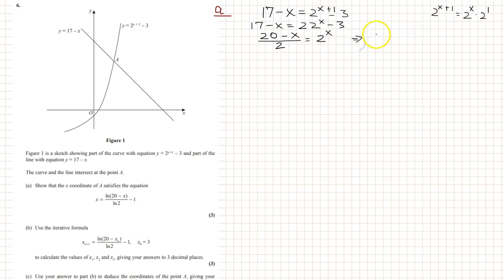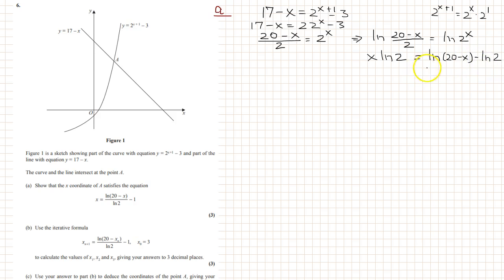So this means if we take log on both sides, so ln of 20 minus x over 2 is equal to ln 2 to the power x. Ln 2 to the power x can be written as x ln 2 is equal to ln 20 minus x, log a over b is log a minus log b.